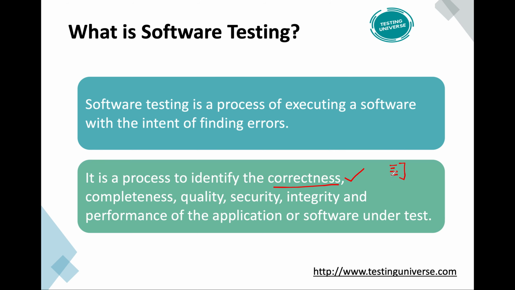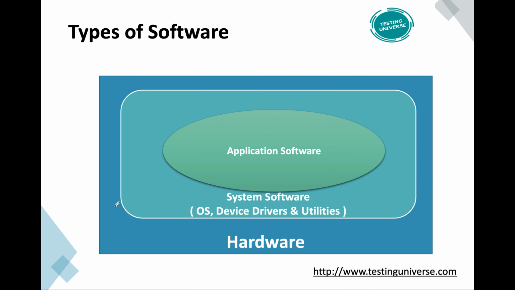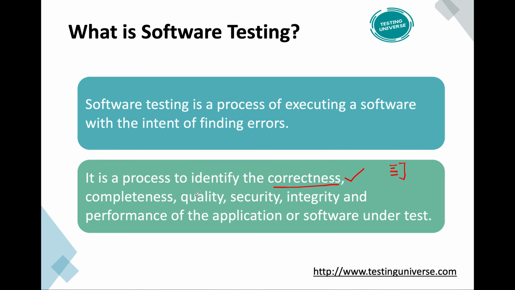So that you are going to say, okay, it has been neatly covered. Then you are verifying the correctness. Completeness. So what do you mean by completeness? All the requirements of the customer have been taken care of, and then there might be certain other requirements which you have to suggest to the customer, so that the product is packaged in a neat way when it is delivered to the customer.